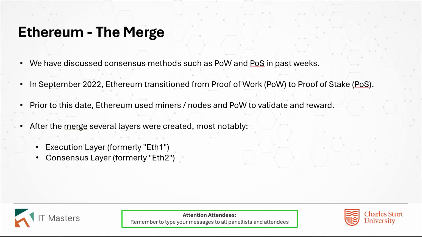Prior to that, it actually used miners and nodes, and people were using GPU cards to mine Ether, which is the coin part of Ethereum. After this, they called it the merge. A new layer kind of came out, and I want to describe that in the next slide.